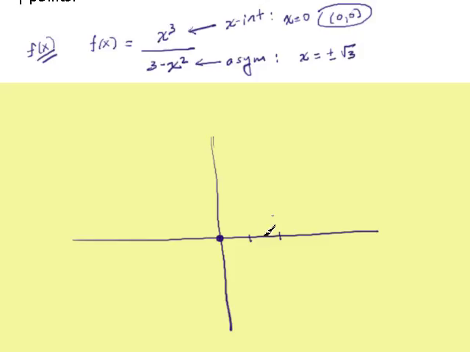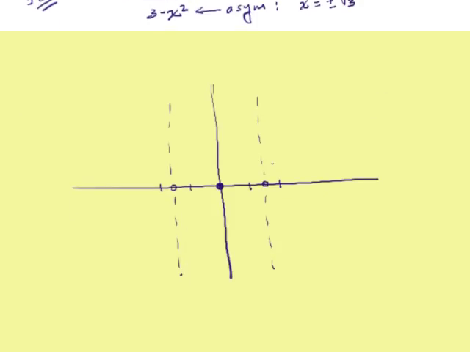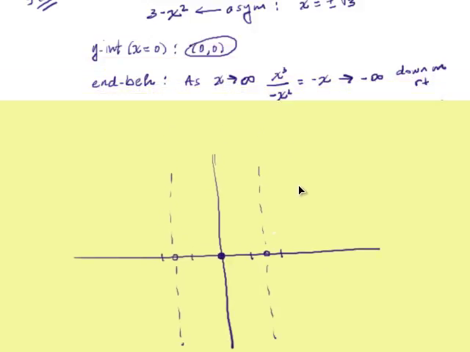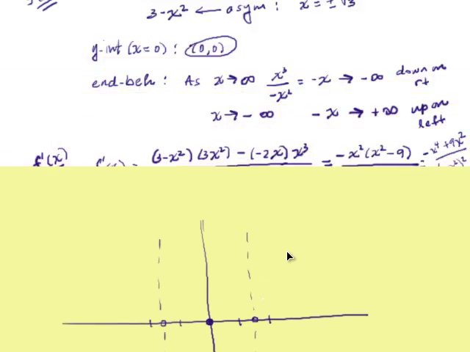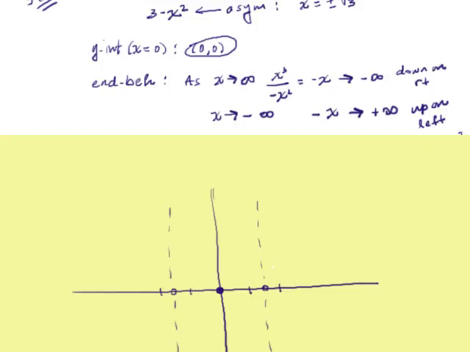I'm going to put the asymptote about here, and just draw a dotted line coming down. So we're putting in those vertical asymptotes. All right, let's put in that end behavior, and that'll be it for f of x. It goes down on the right, so it ends up going down here, and it goes up on the left, so it's going to go up here.